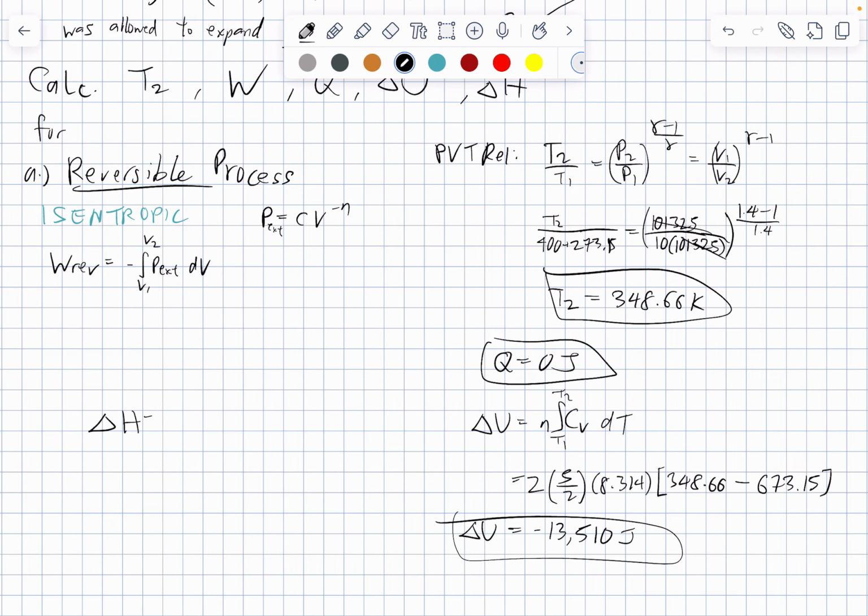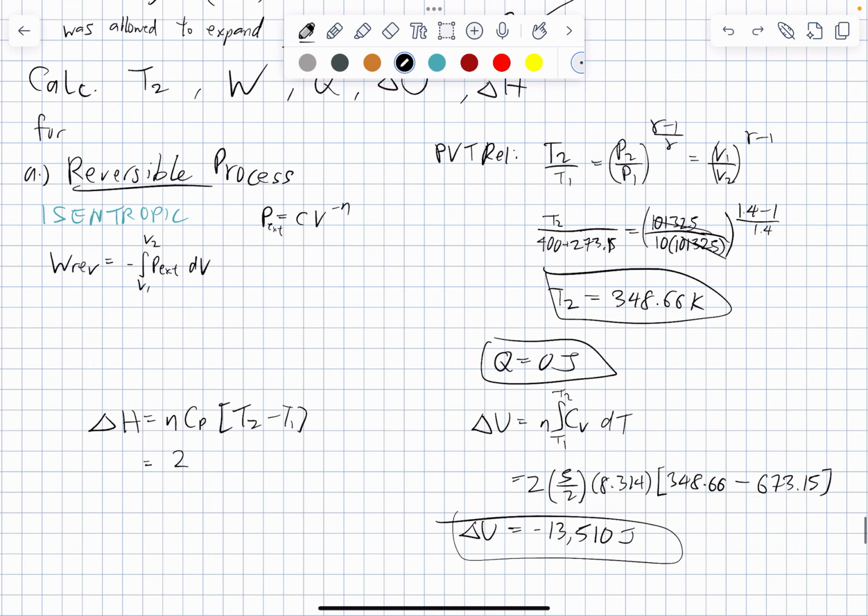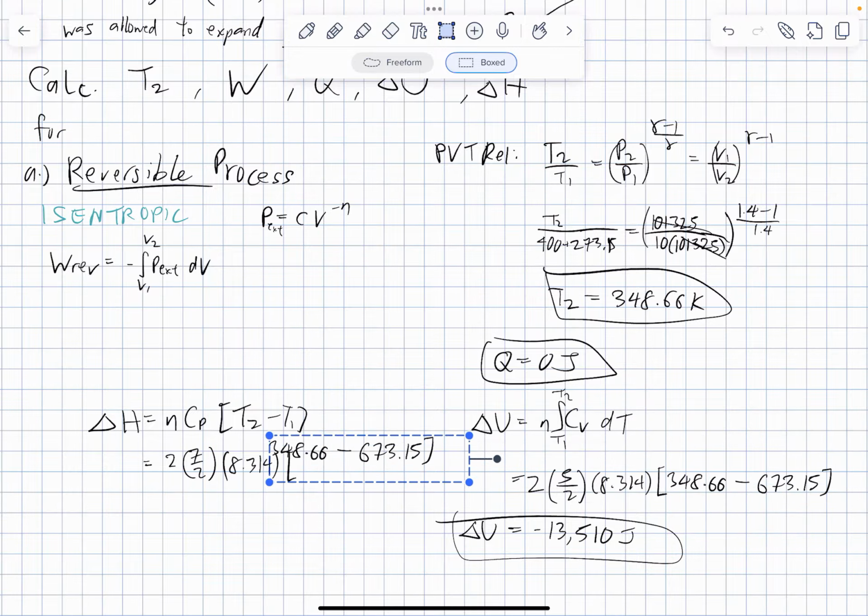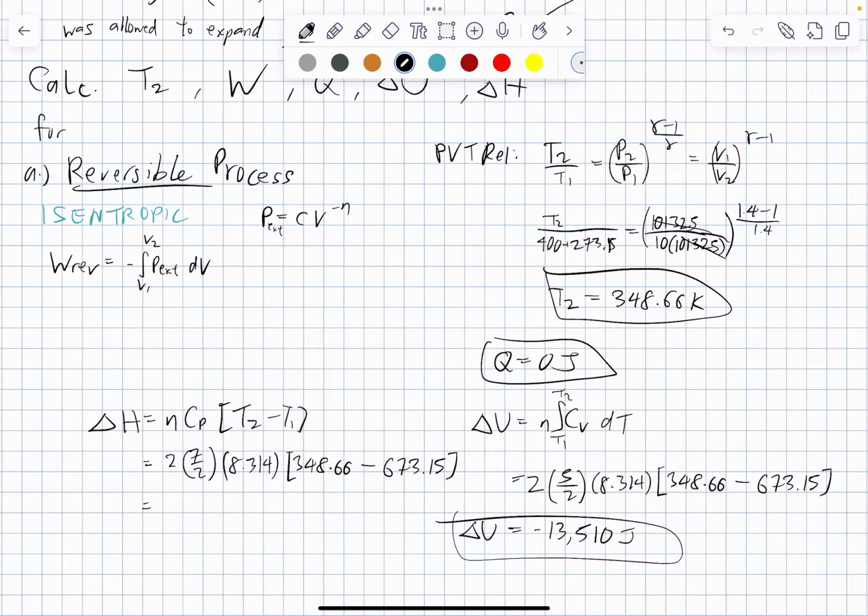Delta H, how about delta H? n CP (T2 minus T1). n is what? 2 moles, no? 8.314, 7 over 2, 8.314, and then this, just copy paste. Negative 18,914 joules.